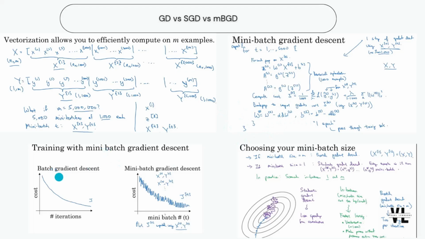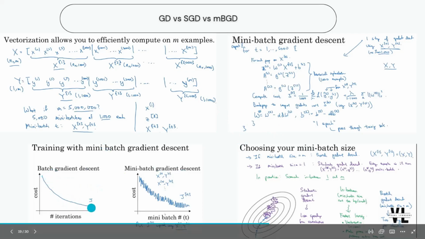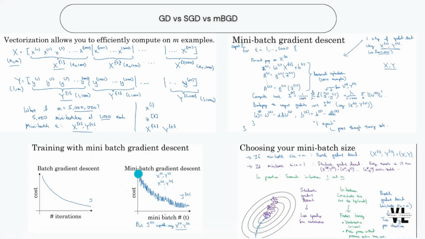So when we compare the batch and mini batch gradient descent, we can see that for a batch gradient descent, it's very smooth as we move towards the minimum. But in a mini batch gradient descent, there is some noise compared to batch gradient descent, but it's much smaller when compared to stochastic gradient descent.